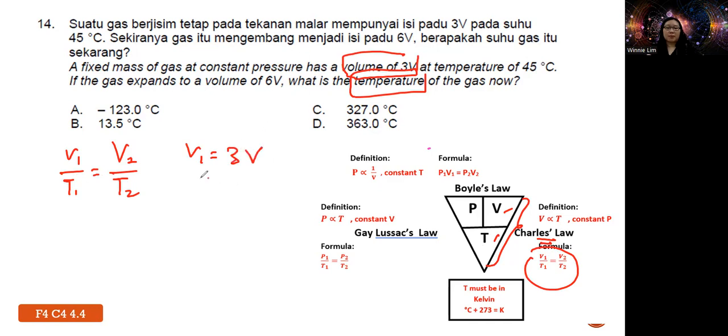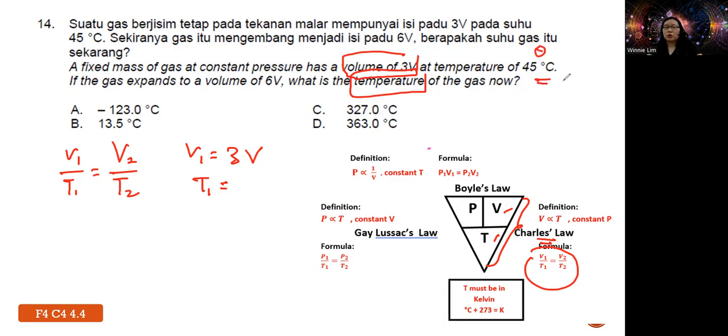Okay, then the temperature T1. Whenever you use this formula, the capital T always refers to the temperature in Kelvin. We call it absolute temperature. So even though the question gives you degrees Celsius, you need to change it to Kelvin.